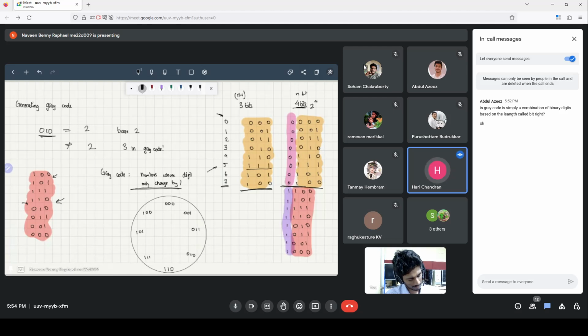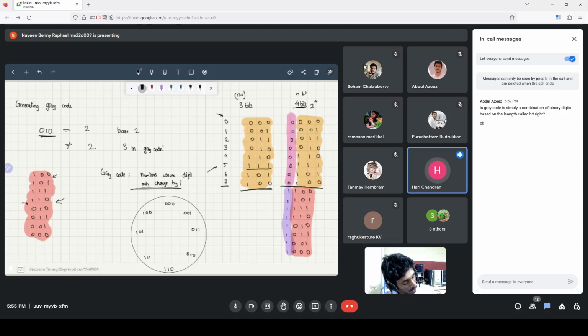Suppose one digit is only changing, but it should not be sequential. In gray code, it is like that: one digit only changes, but it may be in descending order or ascending order of the binary.